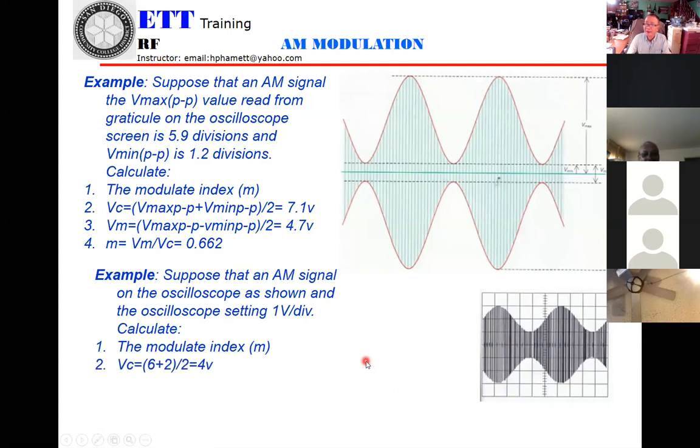Yeah, 0.5, 50%. They want M. They don't want modulation index. When they ask for percent modulation index, you get a percent.